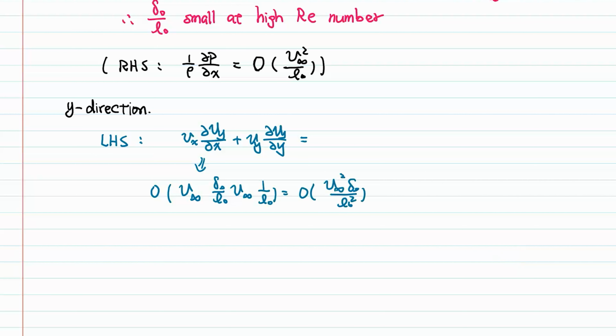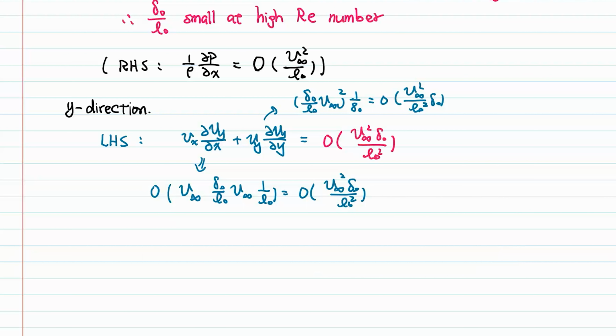If we look at the y term here, again we have delta naught over L naught v infinite square divided by delta naught. This is also equal to the order of v infinite over L naught square times delta naught. So this equals the order of v infinite squared times delta naught over L naught square.